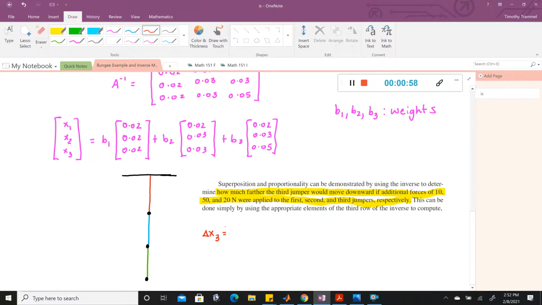Well, this should be equivalent to the change in the force for bungee jumper 1, so that's 10. And again, we're looking at x3 here, so we're really looking at this last line in every single one of these vectors. And so that should be times 0.02, plus the change in force for the second bungee jumper, so that'd be 50.